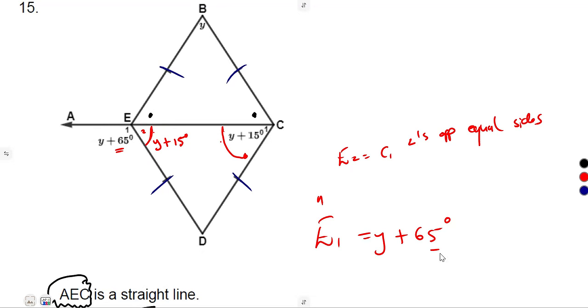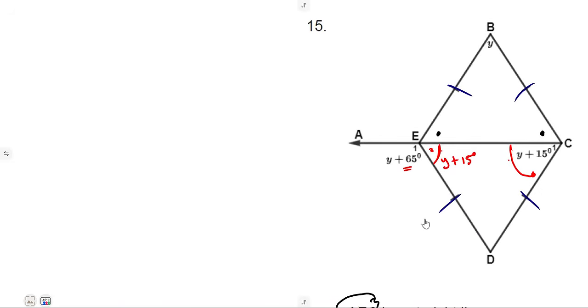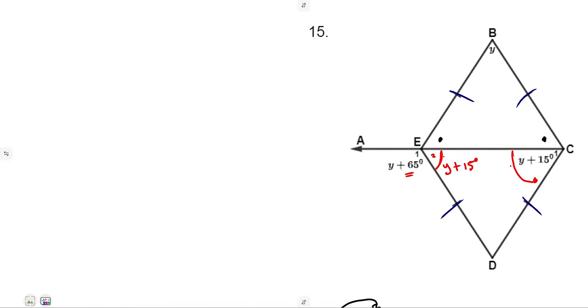So that's our angle E1. We must determine the value of y so that we can have our angle E1. So let's find y first. This is what I'm explaining: from the angles on a straight line, we can find y there.